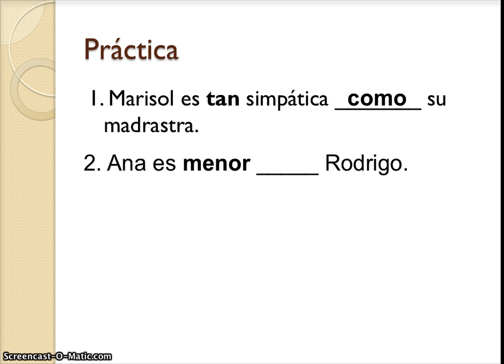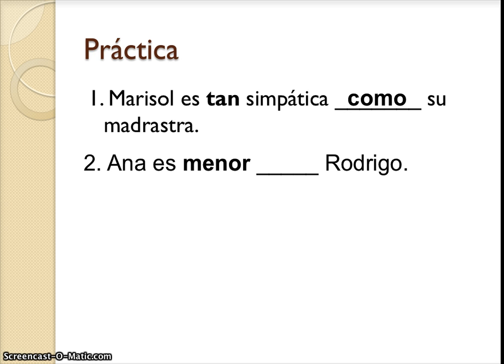Alright. Ana es menor blank Rodrigo. Okay, notice that our blank is directly after menor. So we are not using an adjective. There is no adjective here. Okay, so we're going to be talking about our second group of comparative phrases. So what matches up with menor? Oh, perdón.